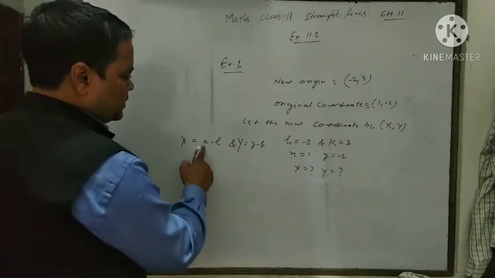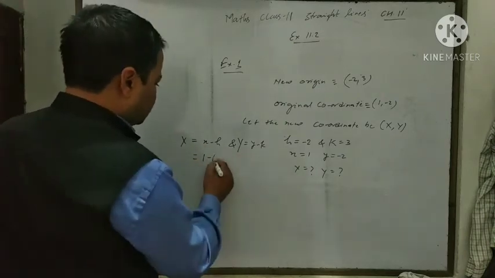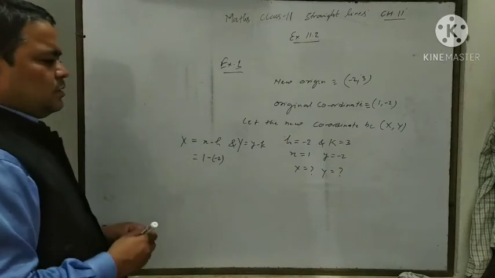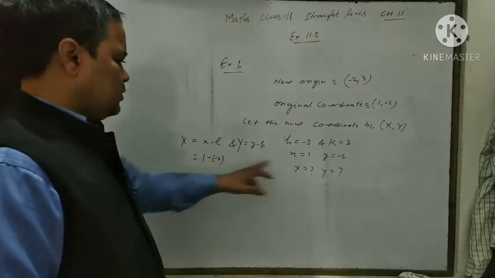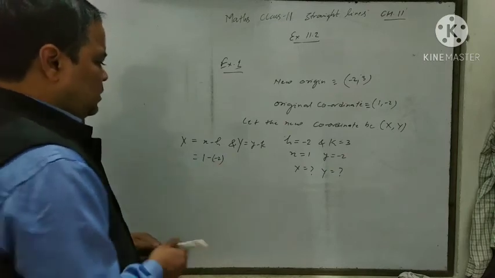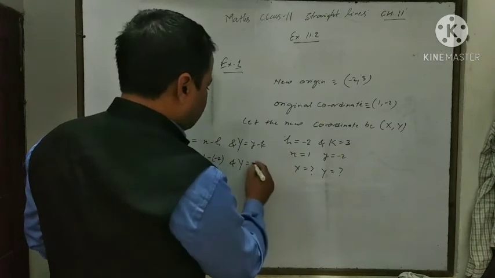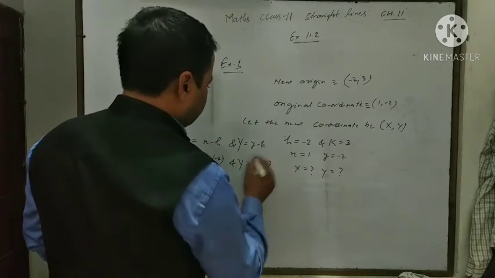Therefore, x is 1, and minus of -2. So X is equal to 1, and at the place of h we write -2, and here Y is equal to y, that is -2 minus 3.